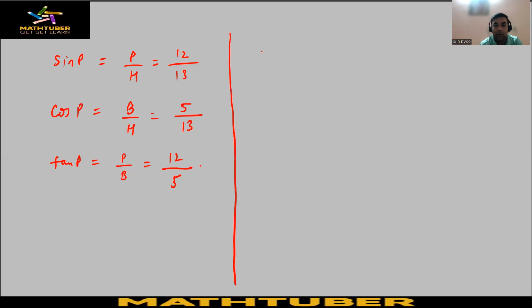And now 11th question, where we have the true false question and we have to justify the answers. So the first question says that the value of tan A is always less than 1. Actually, it's a false, and the reason behind is that tan A is equal to perpendicular upon base, right?